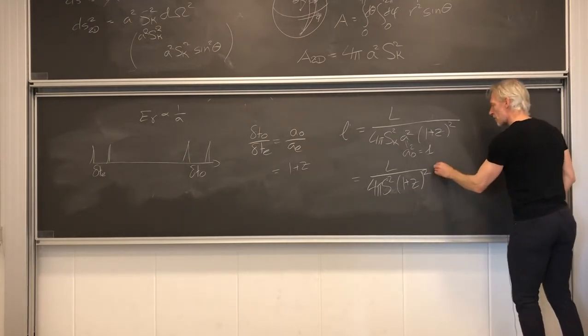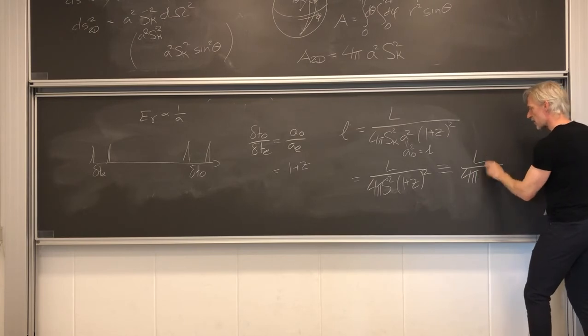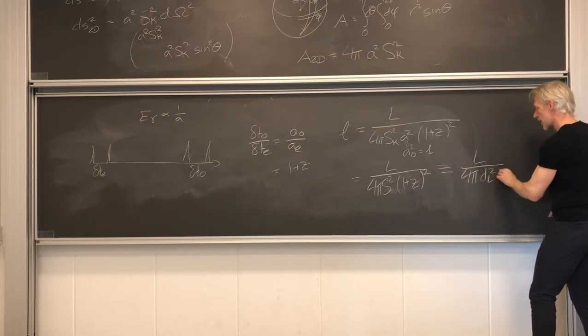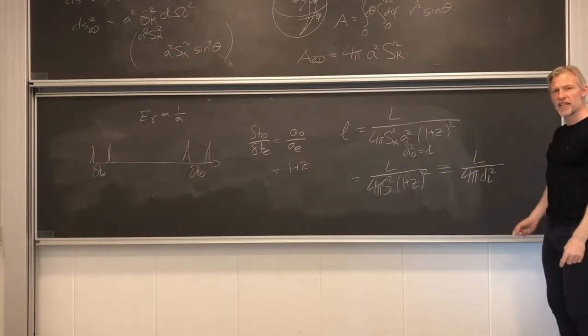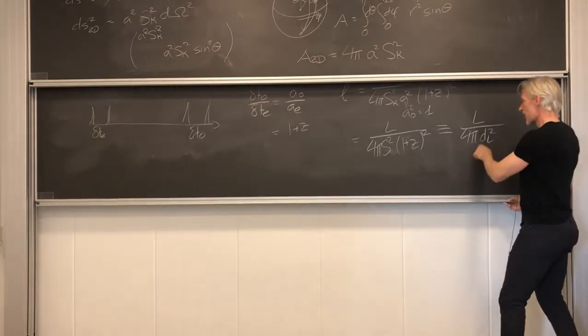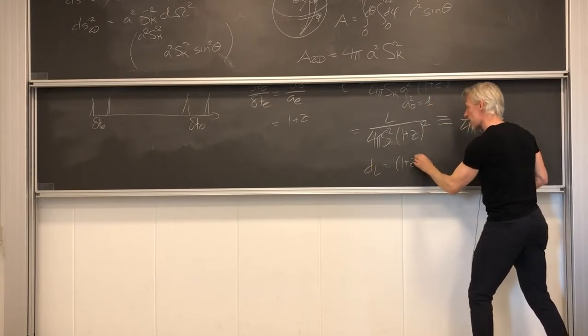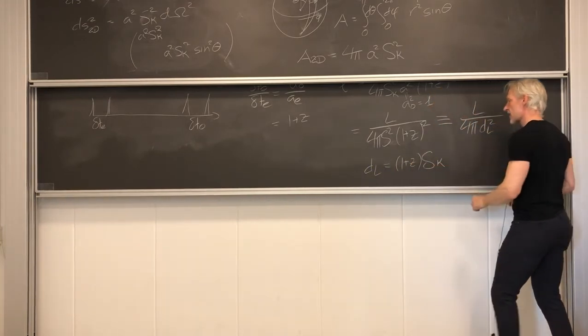But we also defined this to be L divided by 4 pi dl squared. And that means we now have an expression for dl, the luminosity distance. So here we get luminosity distance equal to 1 plus z times s kappa.